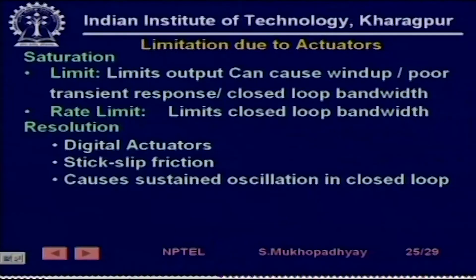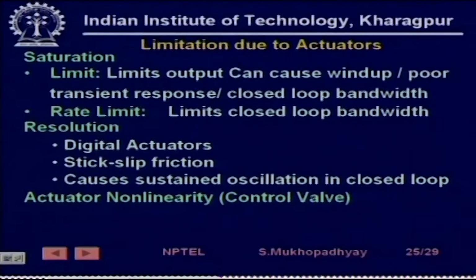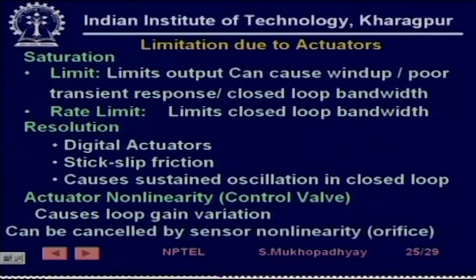So, it keeps on doing this, and that causes oscillations. Typically such resolution problems are caused either by digital actuators like step motors, or by stick slip friction, and the effect is that it may cause sustained oscillation in closed loop.